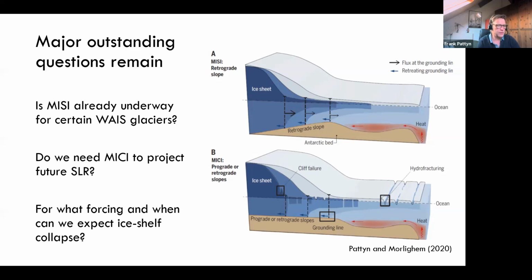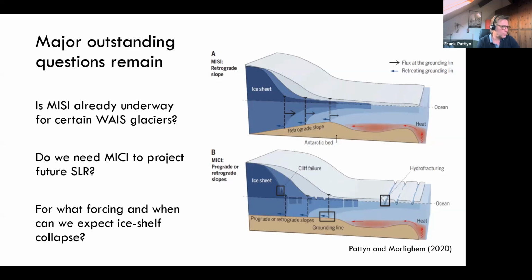You need to have that cliff before it starts. That's why I have this third question here: for what forcing and when can you expect ice shelf collapse, because that is in a way a predictor of potential onset of MICI.